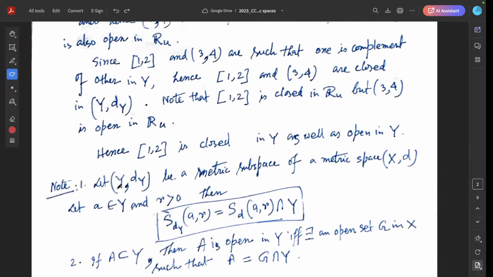Actually, note this. Let (Y, d_Y) be a metric subspace of a metric space (X, d). Let a belong to Y and r greater than 0.